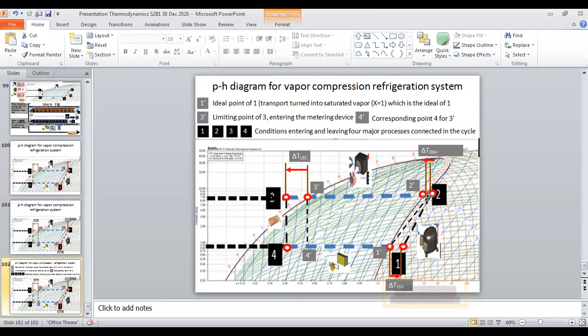Neither 2 nor 2 dash, but in between. There are some complexities if I add this here, so let me not draw this at this time. If I need to draw 1 at 1 dash, then corresponding 1 dash to 2 line I will draw after. So how many points here now? 1, 2, 3, 4, 5, 6, 7.